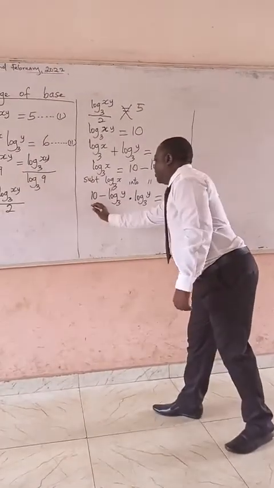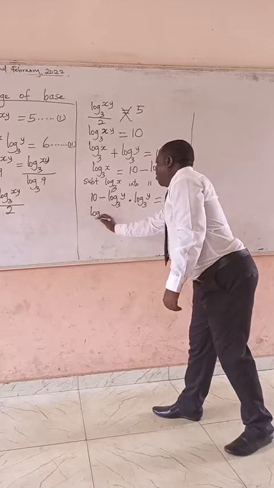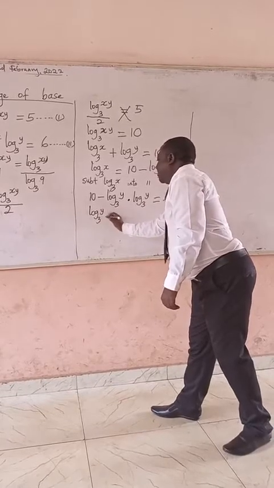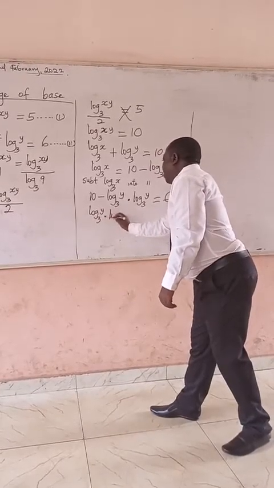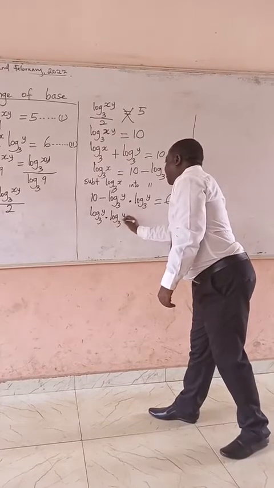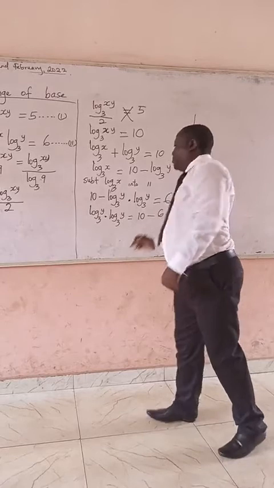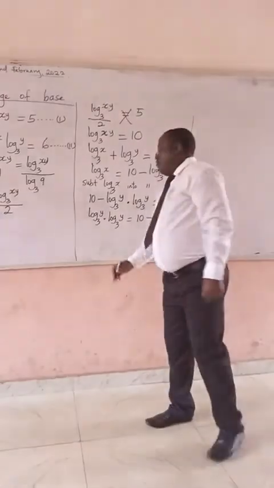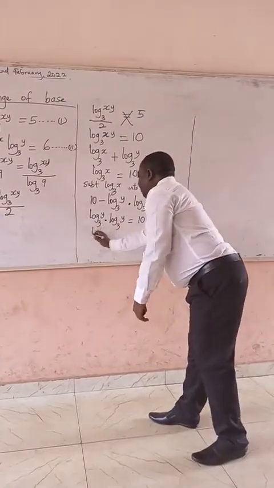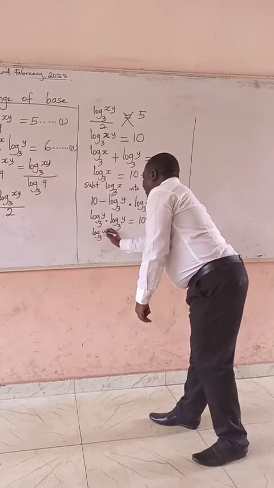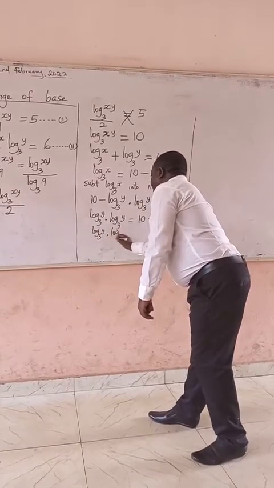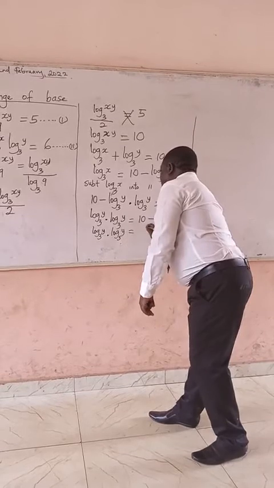So this equation now becomes logarithm of y in base 3 times logarithm of y in base 3 is equal to 10 minus 6. That is equal to 4.